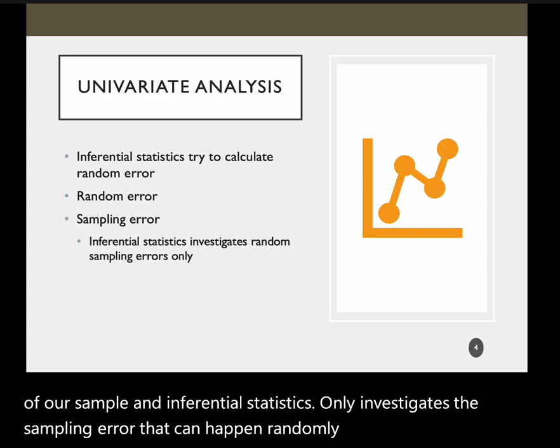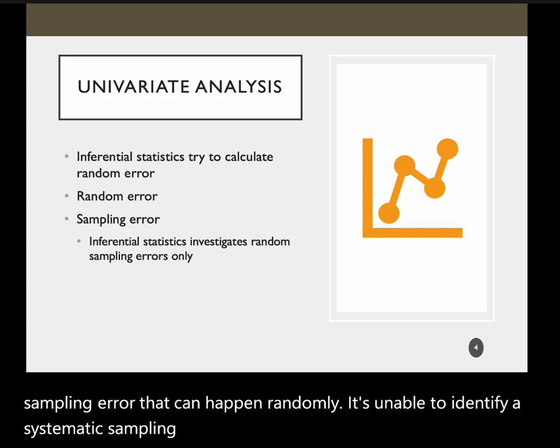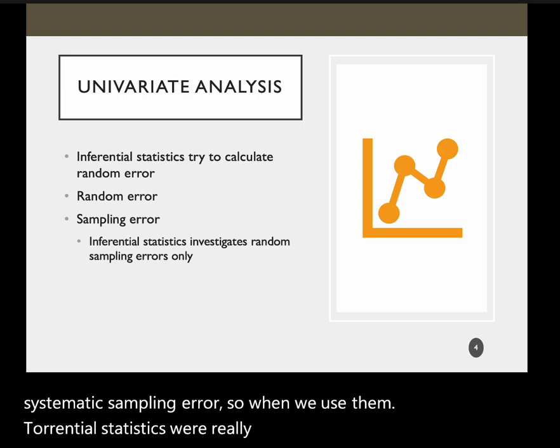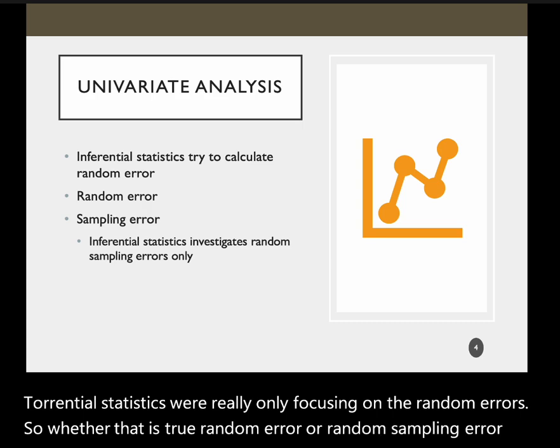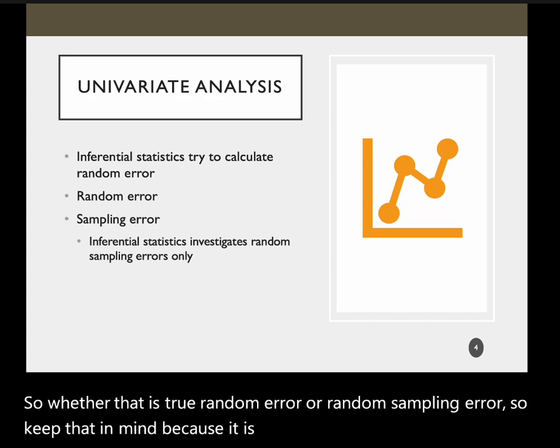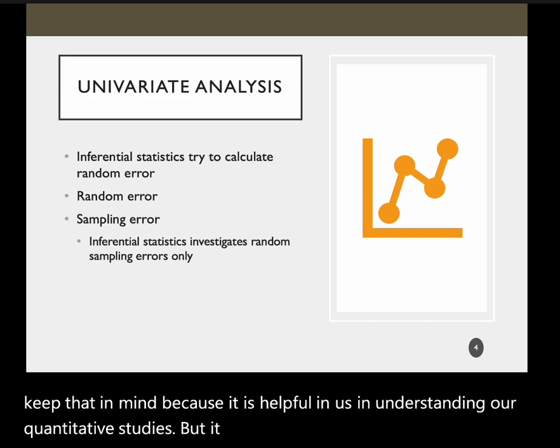It's unable to identify a systematic sampling error. So when we use inferential statistics, we're really only focusing on the random errors, whether that is true random error or random sampling error. So keep that in mind because it is helpful in understanding our quantitative studies, but it isn't perfect.